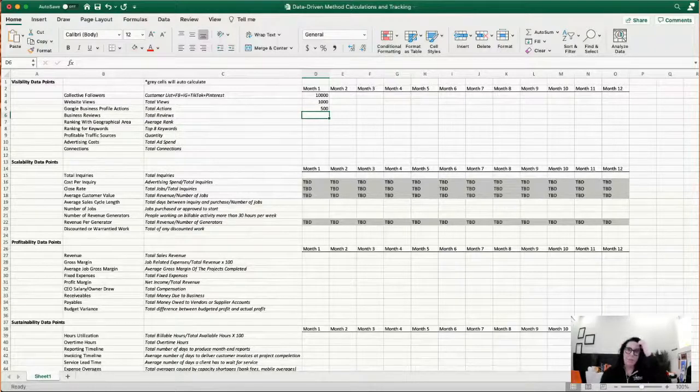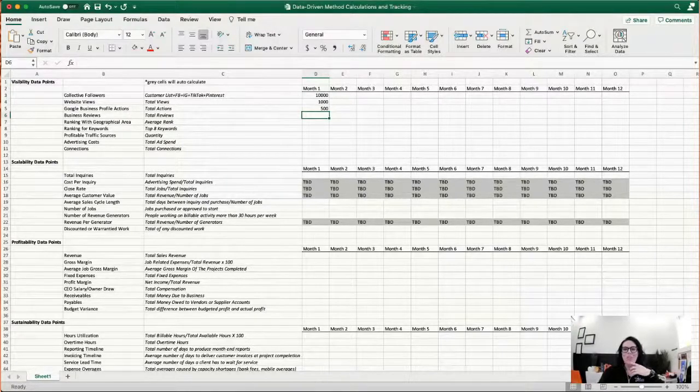Facebook also collects reviews, Yelp. Maybe you have an industry-specific review platform. So you want to know your total collective number of reviews. Wherever you have reviews, total them up, because you want that number to be increasing over time. Yes, we want that 5-star review. However, we also want the number of reviews to be growing.